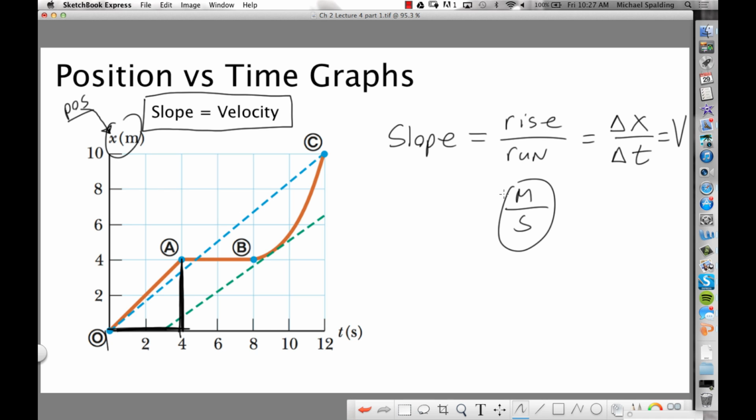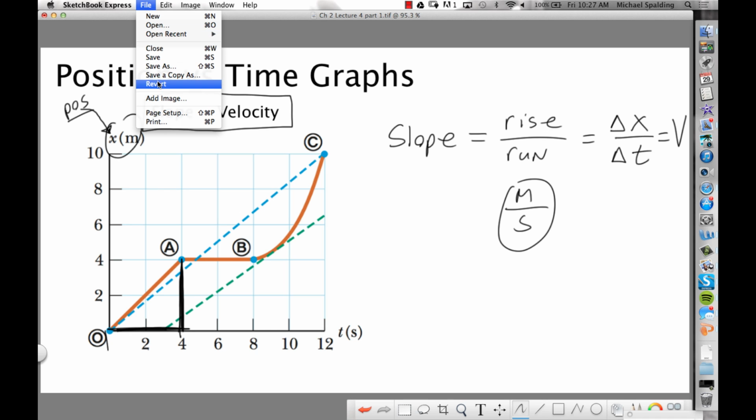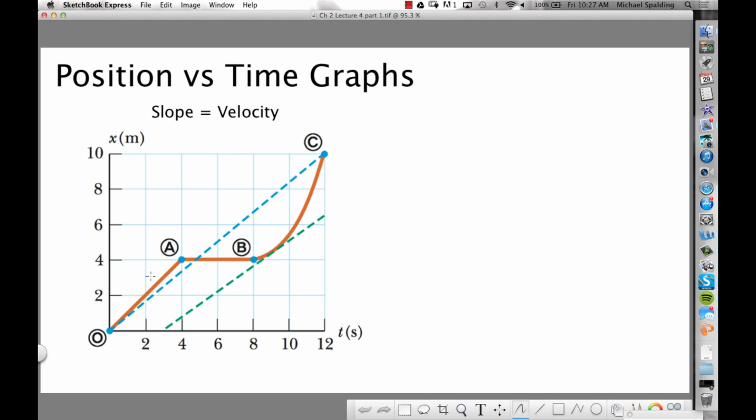Slope is velocity. Now, the next thing I want to do is look at the three segments of the graph. The first segment is from the origin up to point A. How would you describe that motion, from point O up to point A? Constant velocity.